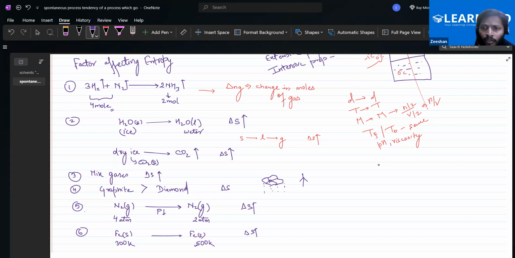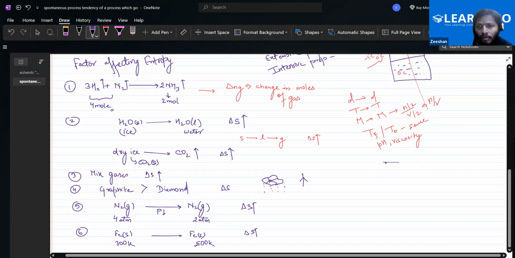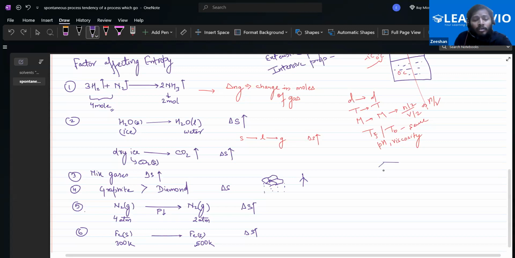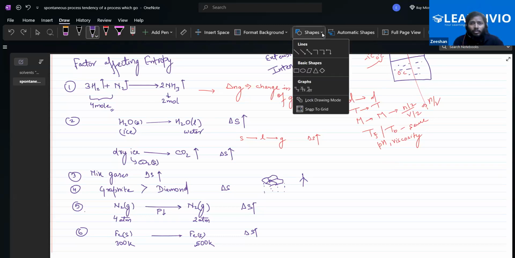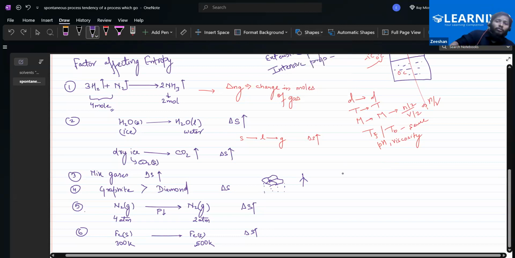How can the molecules in graphite move with the other particles? Anybody? Nobody? You should have told me earlier.